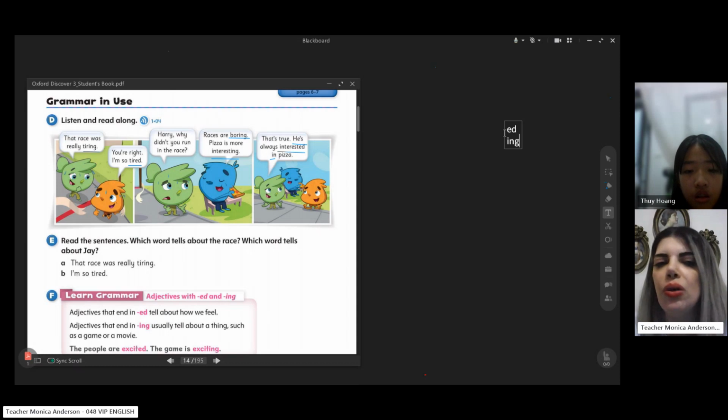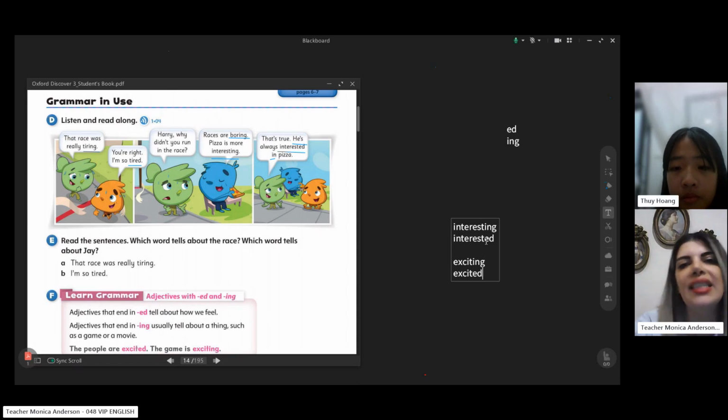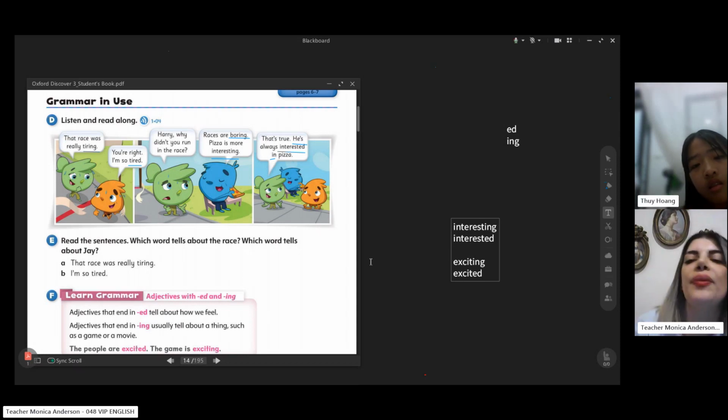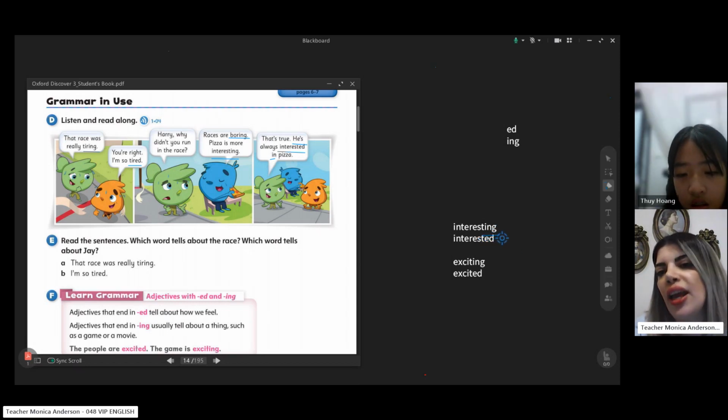But how? What's the difference between interesting and interested? What's the difference between interesting or interested and exciting or excited? So excited, exciting. What's the difference between these two? Well, as you can see, the first one ends in ing, the second one ends in ed.